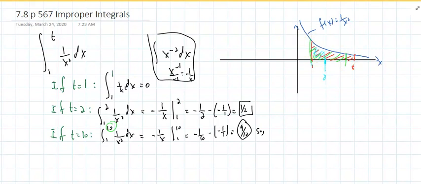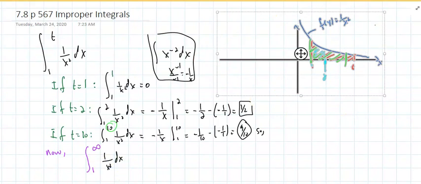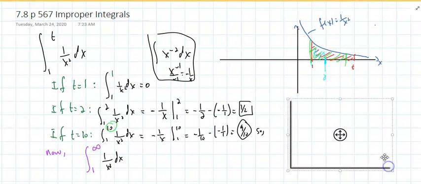What if I wanted to find the integral from 1 to infinity of 1 over x squared dx? What that means, I'm going to look at the graph of 1 over x squared, and I'm going to really run from 1.